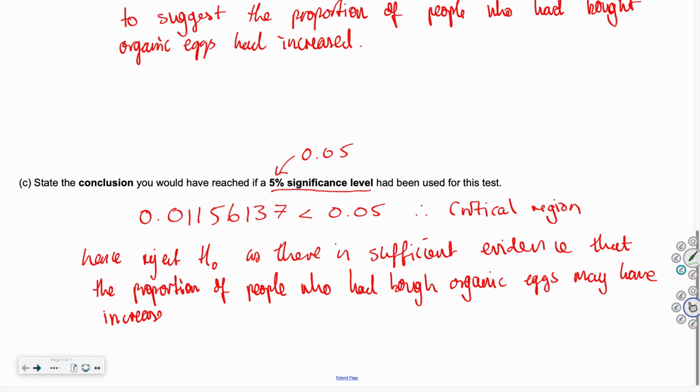And we have to mention here, I said it suggests. Here I've said may, then we have to say it might have done. It's not certain, but from this hypothesis test, it may have done. And that is your perfect solution to your exam question.